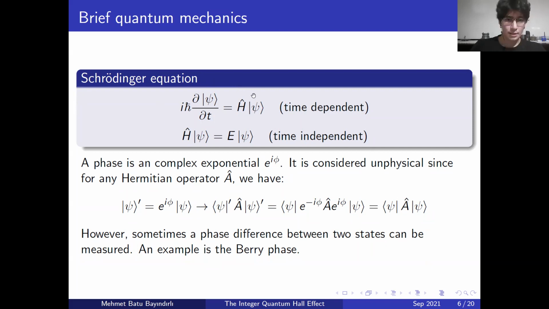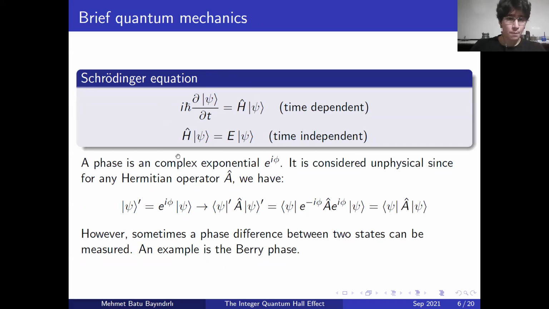These are partial differential equations, and the second one is actually an eigenvalue equation. H hat is an operator. We call it the Hamiltonian operator, and we denote its eigenvalue as the energy. So this is the energy.